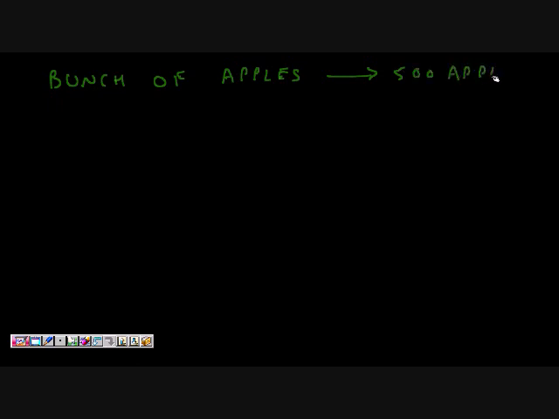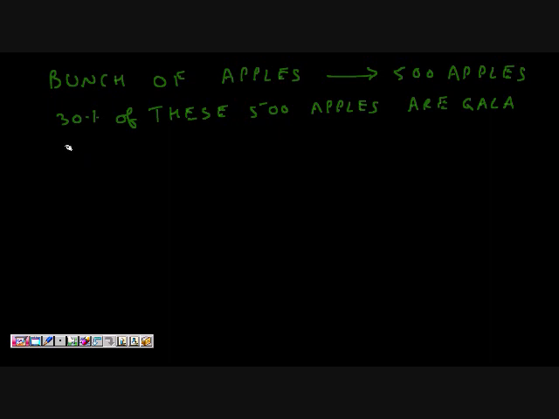We're given that 30% of these 500 apples are Gala, and 70% of these 500 apples are, let's say they are Granny Smith.